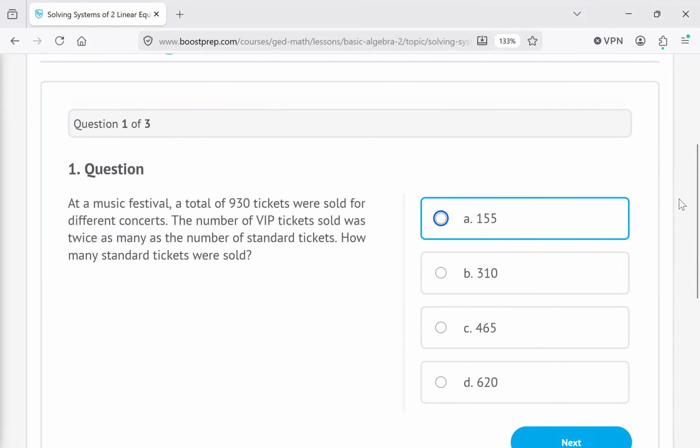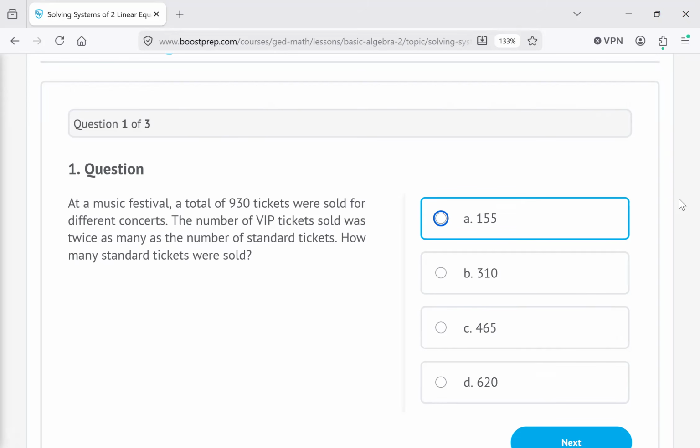Okay, so question one says, at a music festival, a total of 930 tickets were sold for two different concerts. The number of VIP tickets sold was twice as many as the number of standard tickets. How many standard tickets were sold? We did a video on how to create equations.